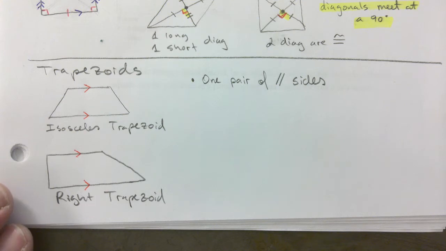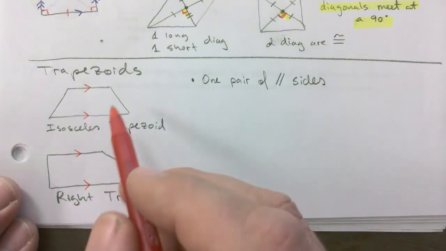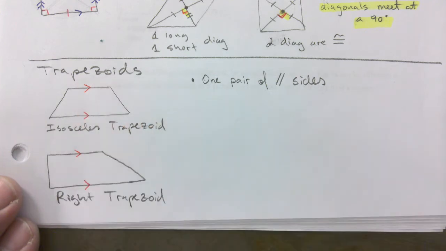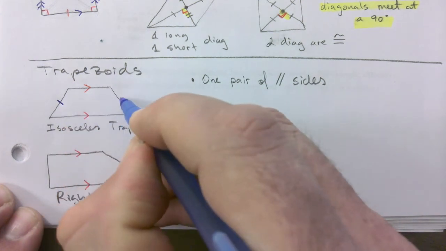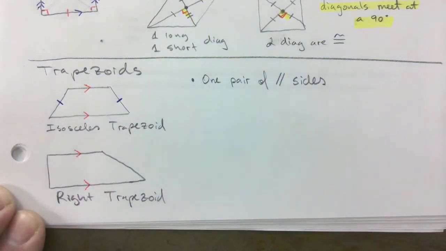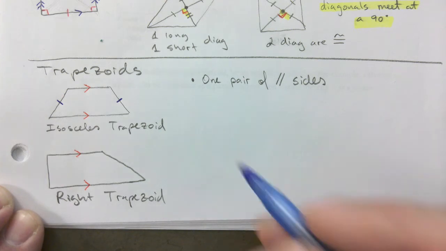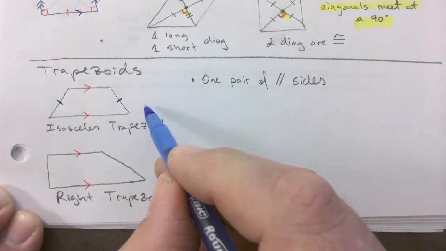And I need to be careful here. The isosceles trapezoid, I'm going to use a different color, has these sides being the same. They measure the same. So we will do that.